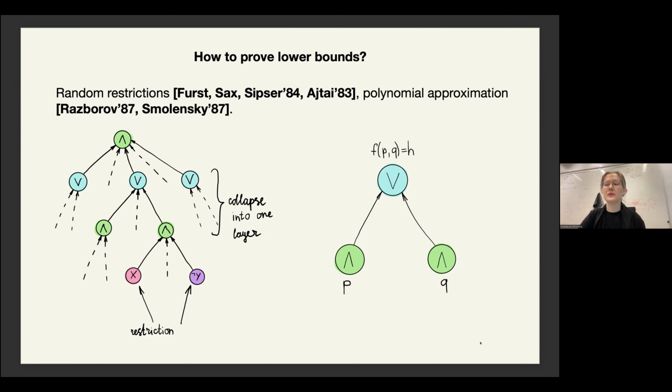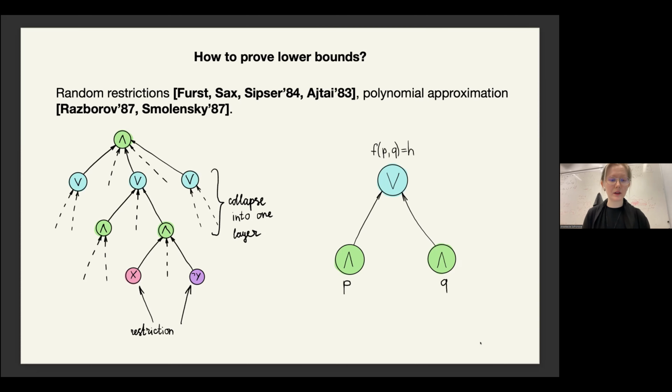And if your function is not a constant at this point, not a trivial one, then this is a contradiction with the assumption of small size of the circuit. And there is this other option, polynomial approximation. Here, the idea is that, again, using a circuit of small size and small depth, you can build an approximation of the Boolean function by a small degree polynomial. You can do it inductively.